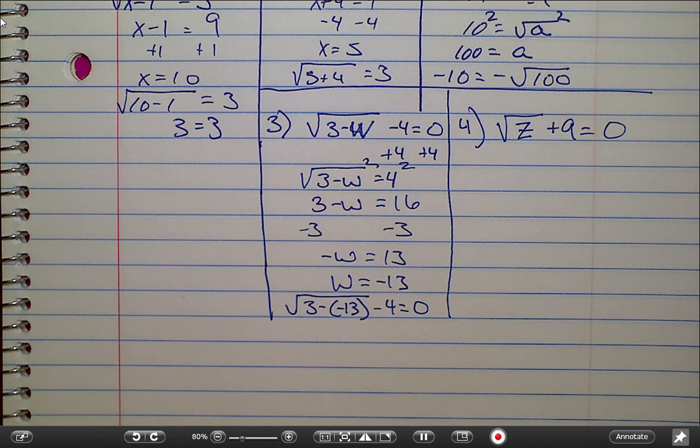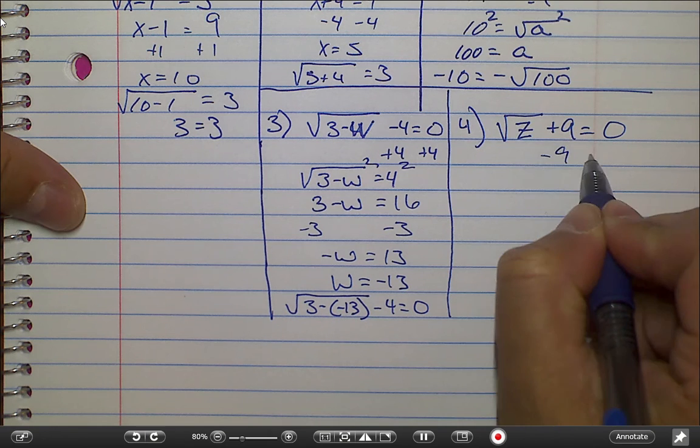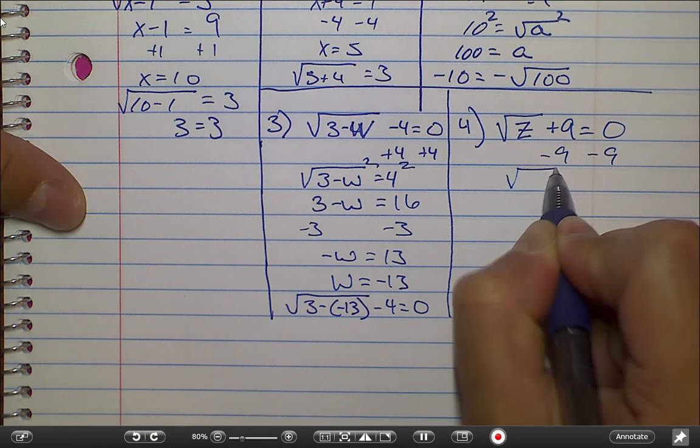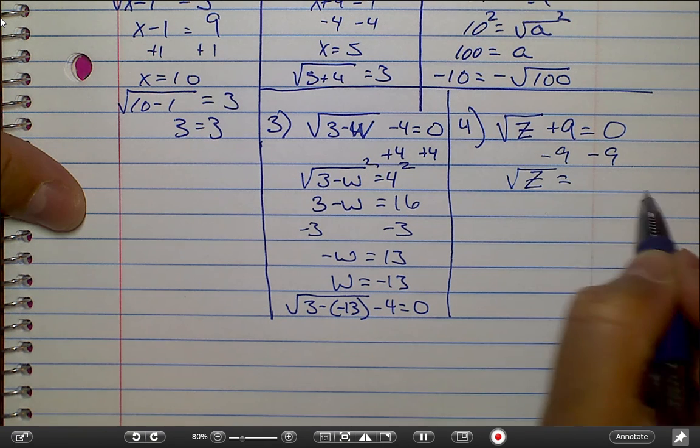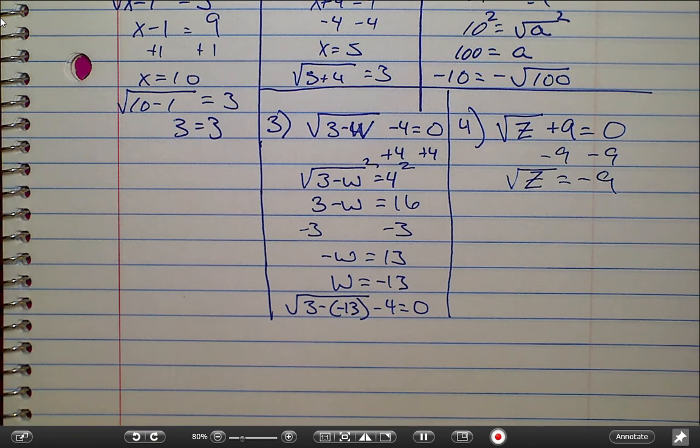All right, we're going to get our radical by itself first. Subtract 9. So square root of z equals negative 9, right?